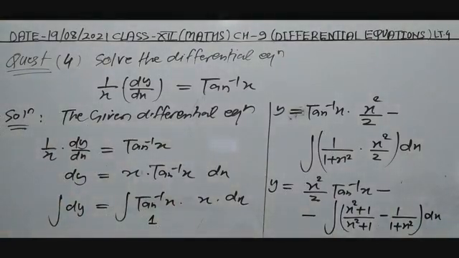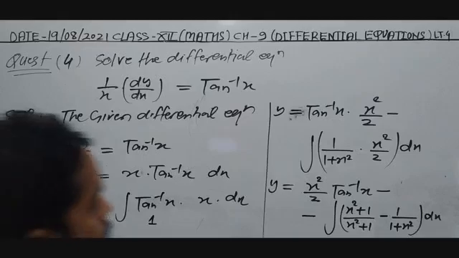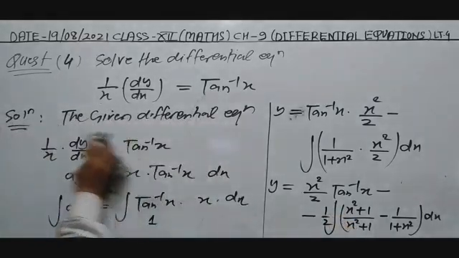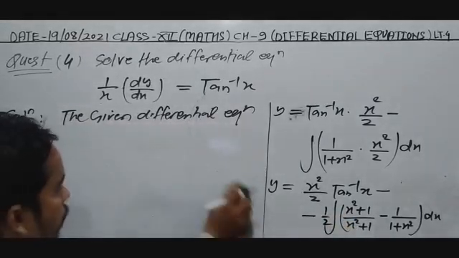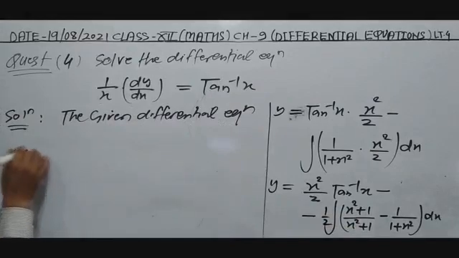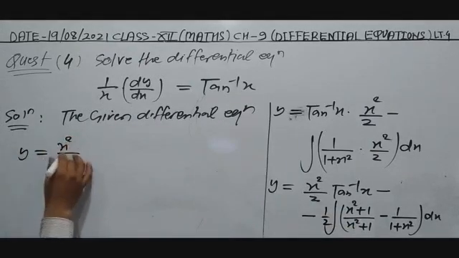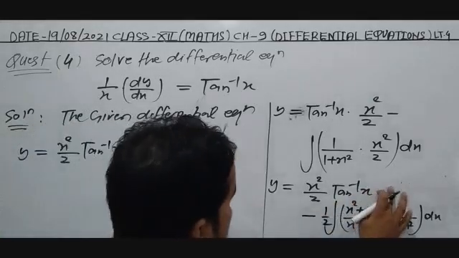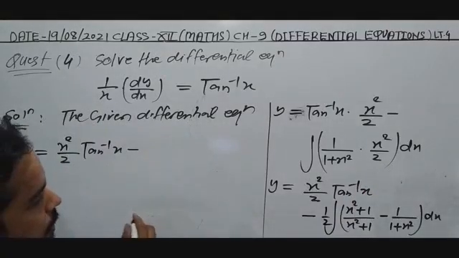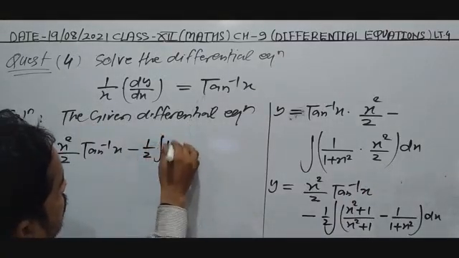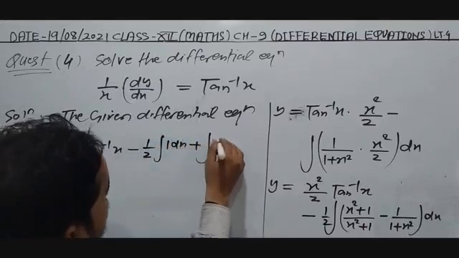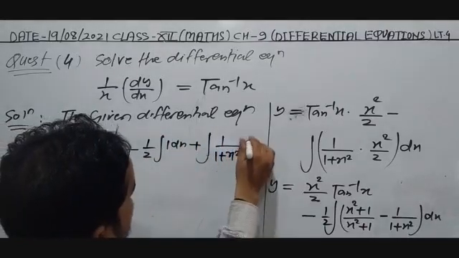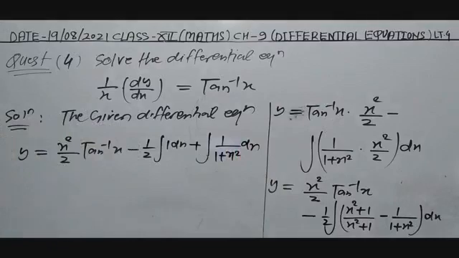Now see, this result will be 1/2 outside. So y = (x²/2) tan⁻¹x minus, first integration will be minus 1/2 times 1 dx, and second integration will be 1/(1 + x²) dx, and this result is (x²/2) tan⁻¹x.